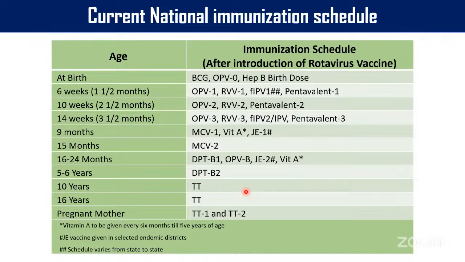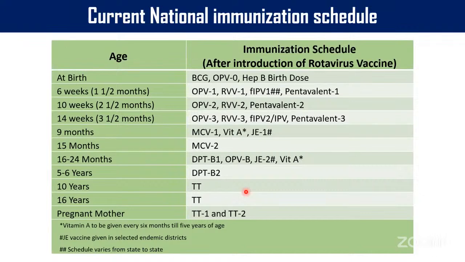But other vaccines, you need to be careful when you are giving at a later age group. You look at the immunosuppression. If the child is severely immunosuppressed, CD4 count less than 15%, you wait for ART to kick in and immune reconstitution to happen. Once your CD4 goes up more than 15%, then you can give all these live vaccines.